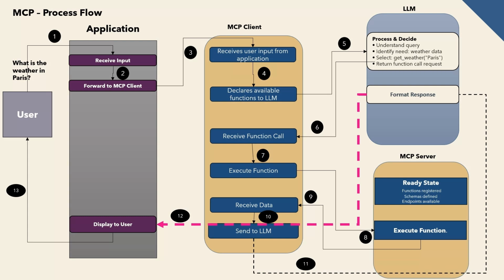The AI knows its options. So what I meant is, before the MCP client sends the user query, it connects to the MCP server and looks for all the tools which are available. It automatically generates that schema. The schema is already defined, the endpoints are already defined, everything is in the ready state. So it gets back the schema.